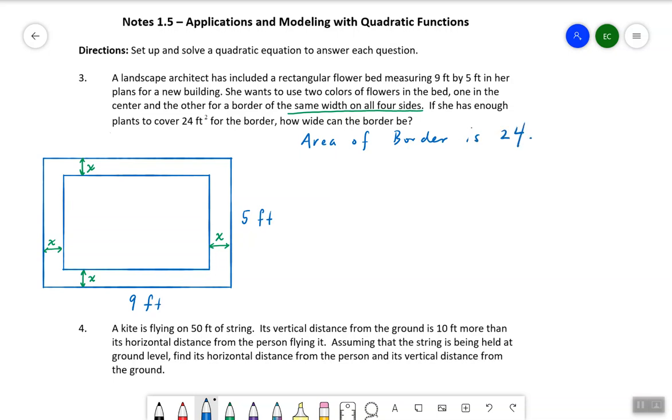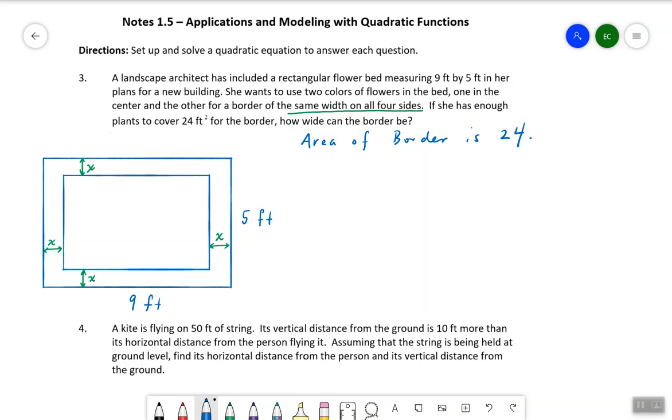And so can you see how to set up an equation that says that the area of the border is 24 square feet? What we want to do is compare the area of the large rectangle and the smaller rectangle. So the difference of those 2 rectangles is the area of the border.